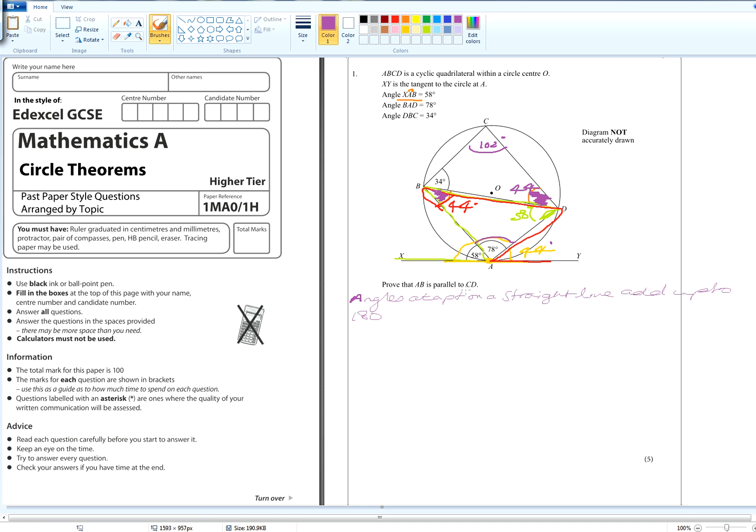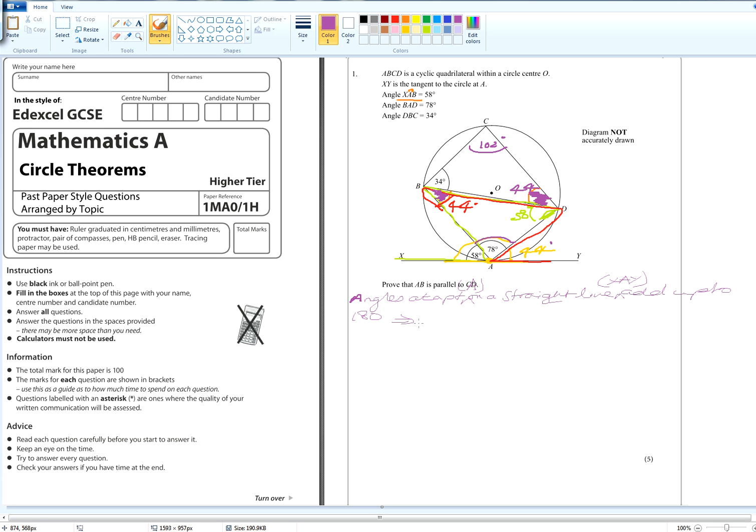Which point are we talking about? I should really squeeze a little A in there. At a point A on a straight line. What is a straight line? A straight line can also be described as XAY. So I'm just putting a little bit of extra detail. I'm being specific, my general statement being specific to our question. Add up to 180.